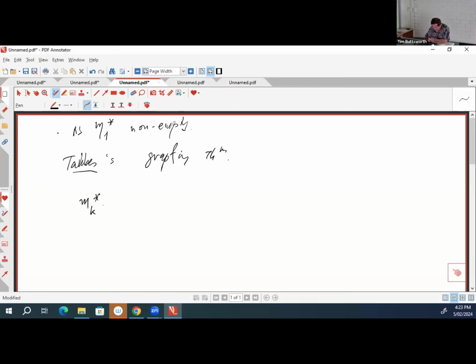What Taubes did is essentially plant an instanton of charge k, meaning c2, connection on S4. We don't know what happens for higher k, but at least for k equal to 1, there is the BPST standard solution, which is 5-dimensional.